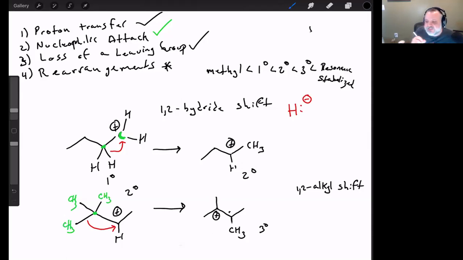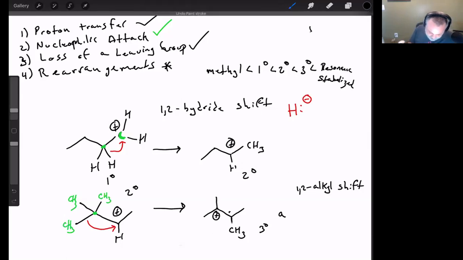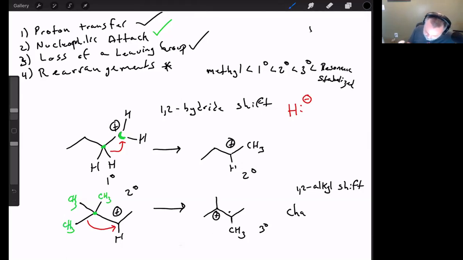This is significantly important because it actually changes the connectivity.